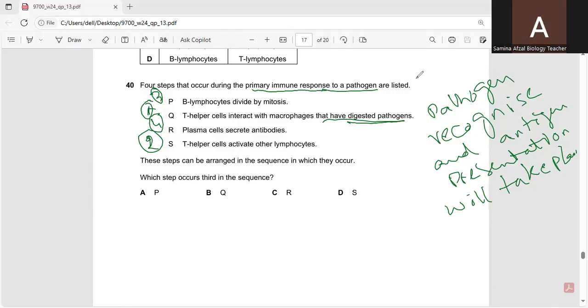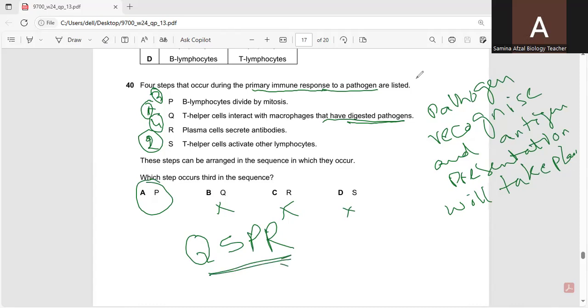So these are the four steps in sequence. We have arranged them. So which step occurs third in the sequence? The third in the sequence is P. So B is the correct answer. So the sequence is Q, S, P, and R. So this is the correct sequence.